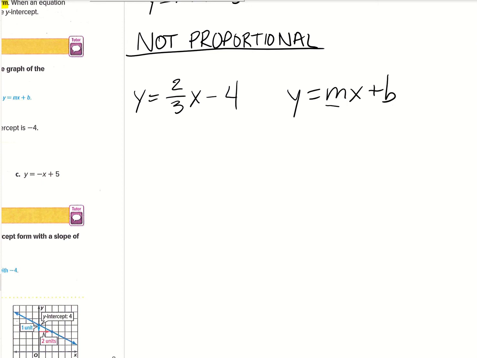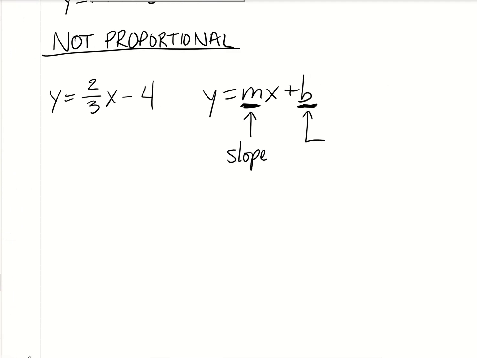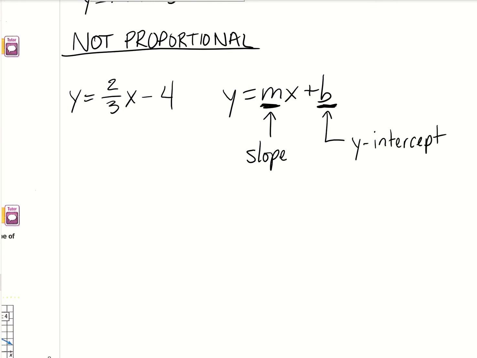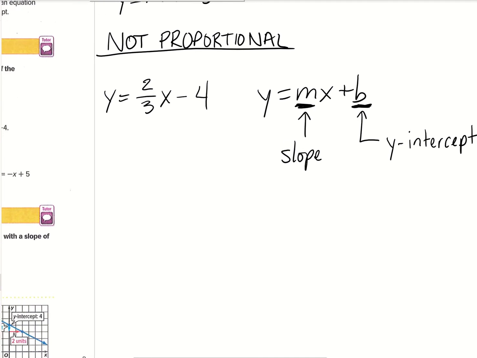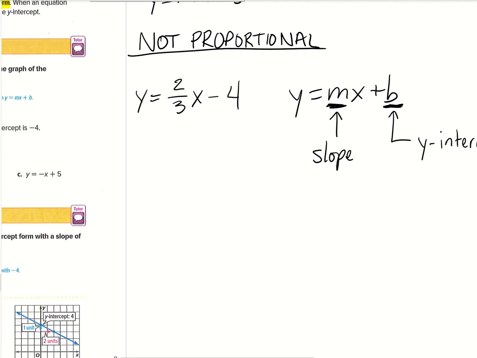Again, m is still your slope, and this would be a great thing to have written down. The only thing that's new is that b is your y-intercept. So that's where it will cross the y-axis or intersect with the y-axis. Those are your two parts.